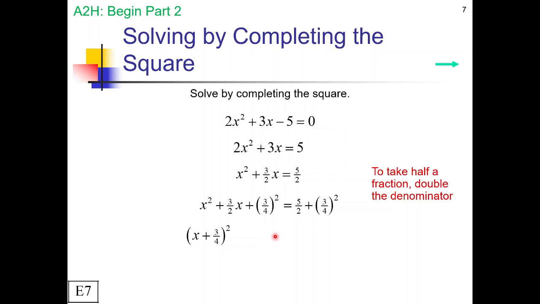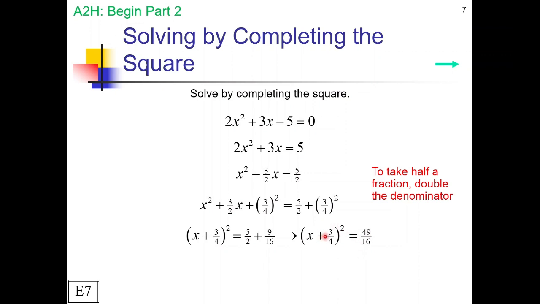On the right side, I'm going to start simplifying this. So I can write this as 5 halves plus 9 over 16. 5 over 2 is equivalent, if I multiply by 8 over 8, to 40 over 16. 40 over 16 plus 9 over 16 gives me 49 over 16.